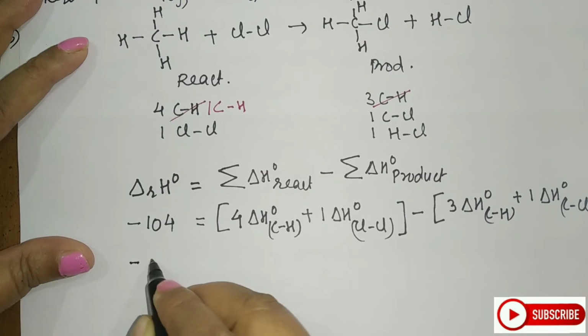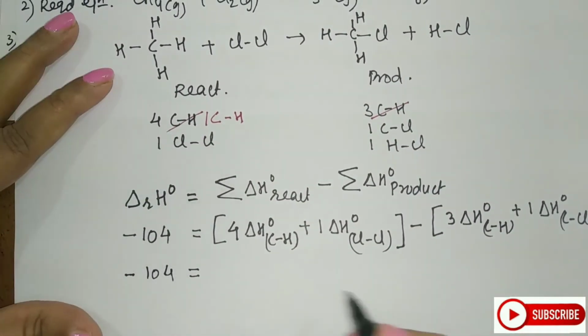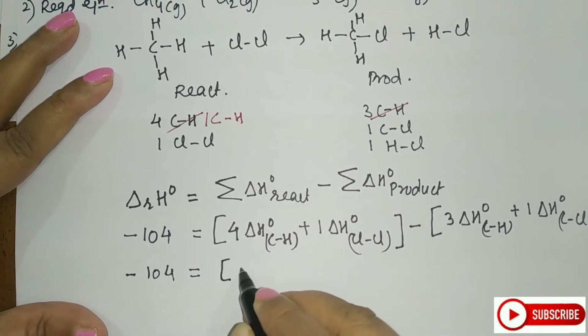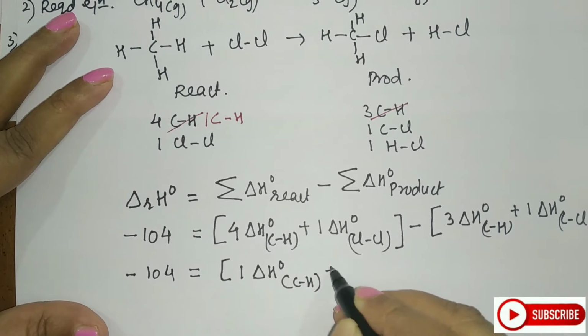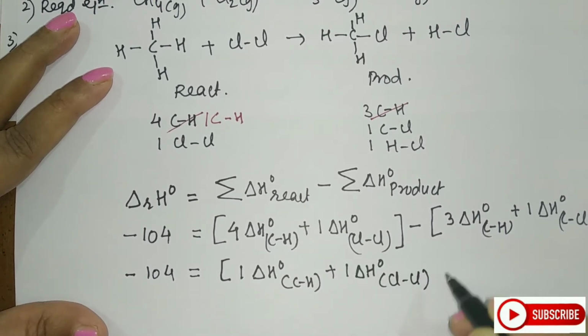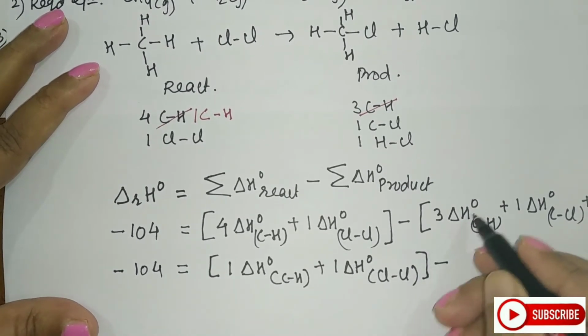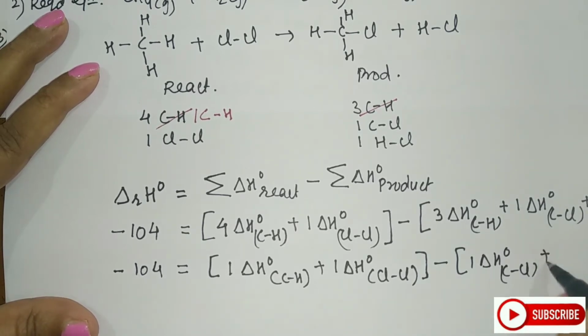It will be minus 104 is equal to, out of 4 only 1 is left, so 1 time the standard enthalpy of C-H plus 1 time the standard enthalpy of Cl-Cl, reactant side, minus, now this is cancelled, 1 time the standard enthalpy of C-Cl bond plus 1 time the standard enthalpy of H-Cl.